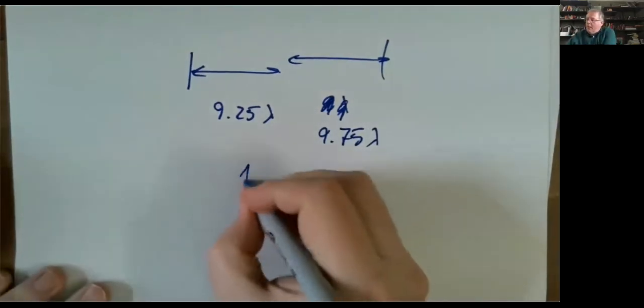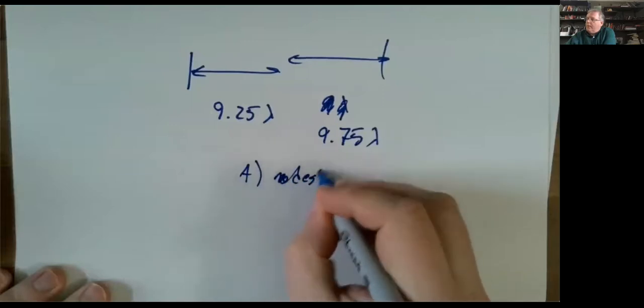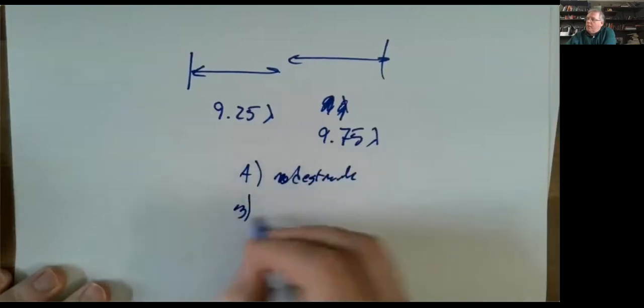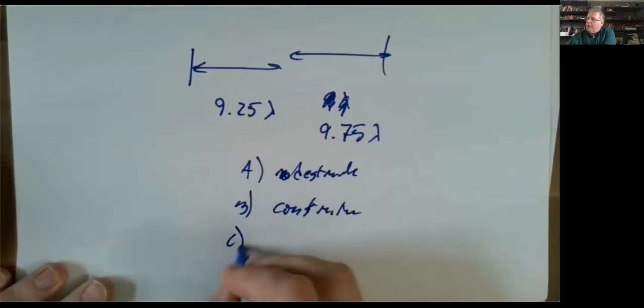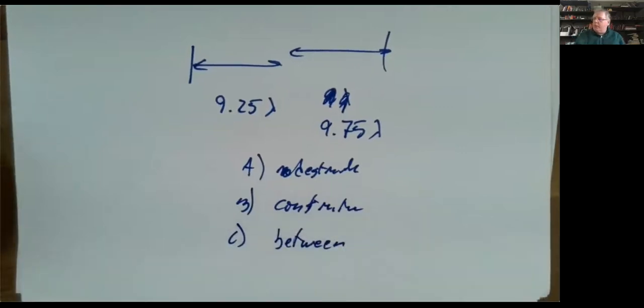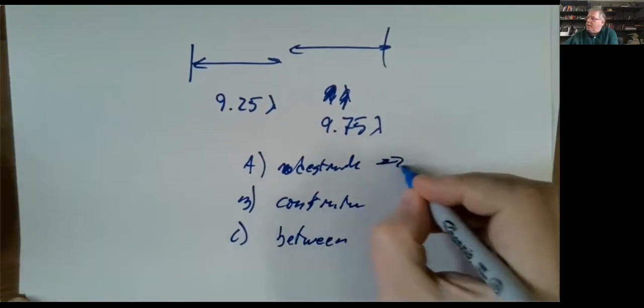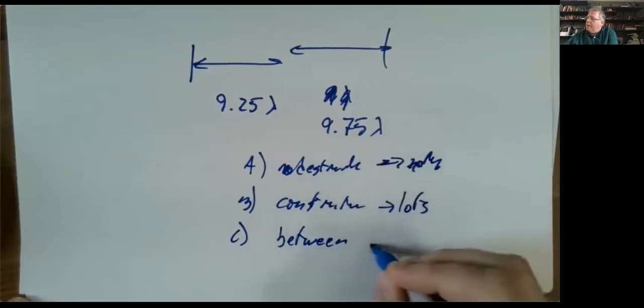Would it be A, destructive, B, constructive, or C, between? So this is like nothing, lots, somewhere in between.